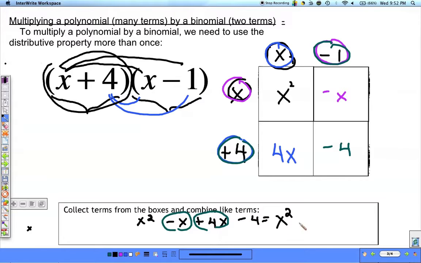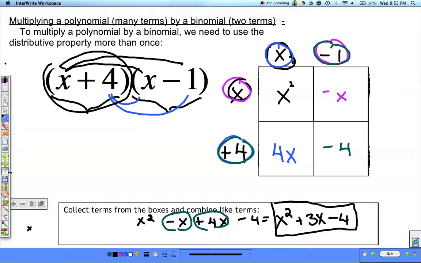Negative x plus 4x is positive 3x, so plus 3x, and minus 4. So you can see that when I multiply a binomial times a binomial, I can end up with a trinomial. So this is going to be the most common type you have to do.